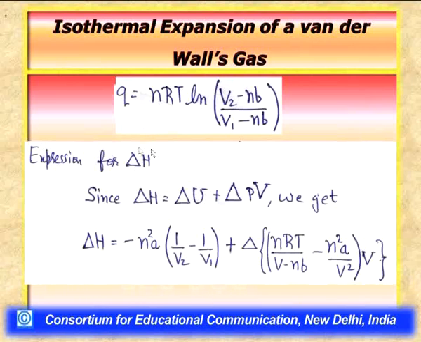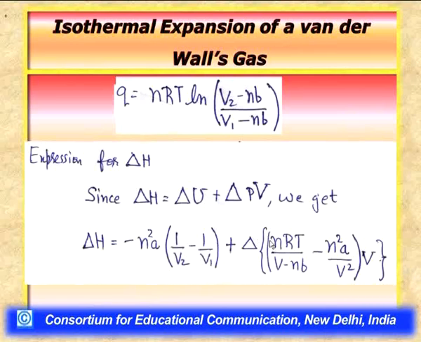Now it is time to develop an expression for delta H also. Since delta H equals delta U plus delta PV, we can substitute the expression for delta U which we have just derived, that is minus n square A into 1 by V2 minus 1 by V1, plus delta of PV.